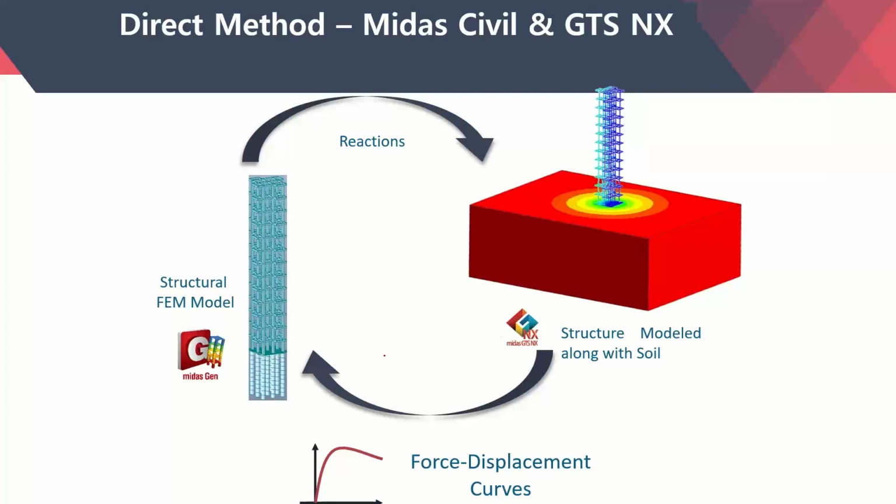So it is quite simple, and the methodology is also very simple. As long as you have your Civil and Gen model defined, you can directly send it to GTS NX or FEA NX and then directly export the results back to Civil or Gen.